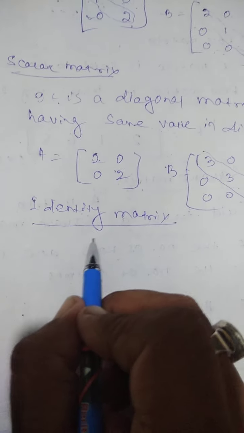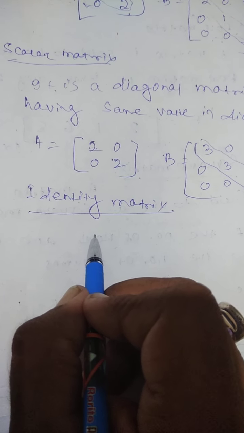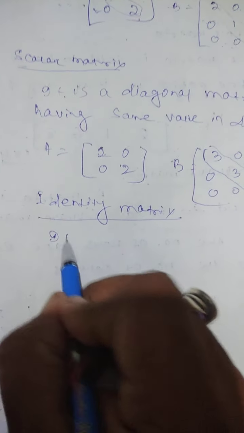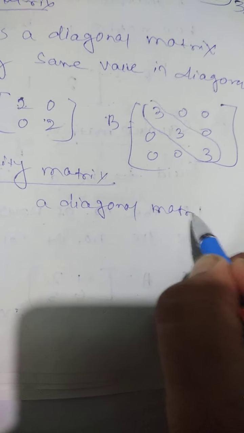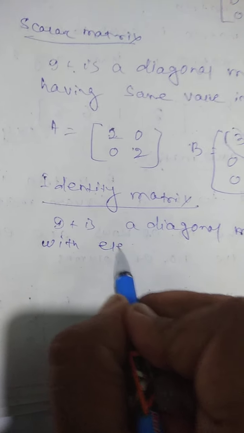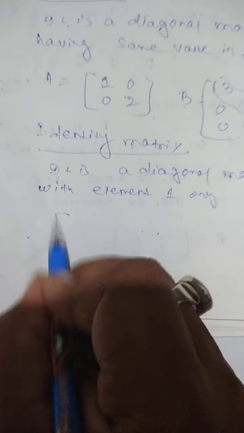Then come to identity matrix. Now what is an identity matrix? It is a diagonal matrix with the diagonal elements 1 only.